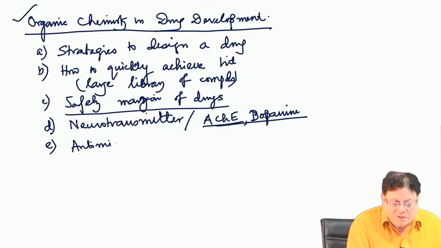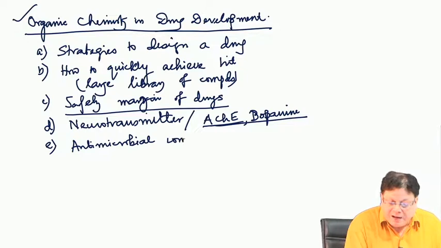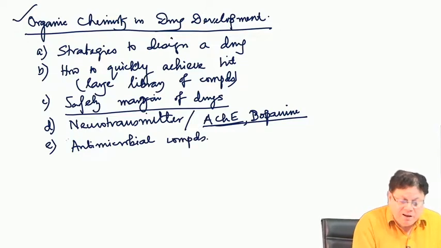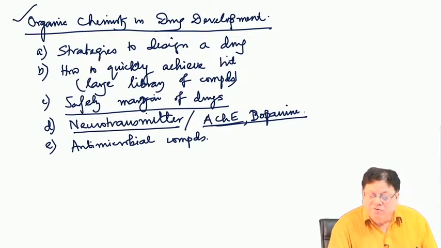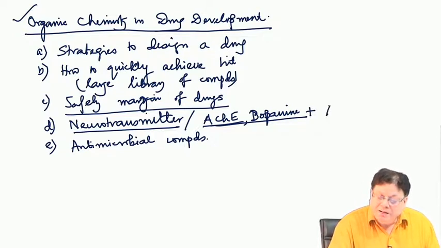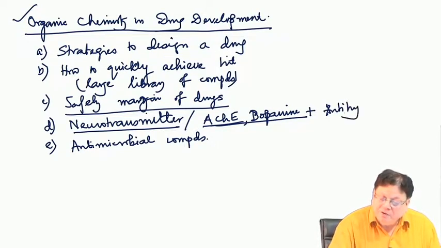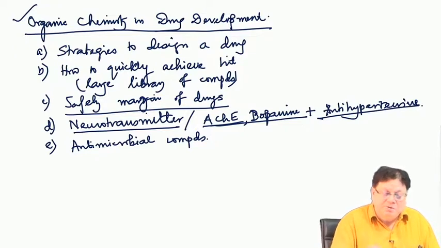Then we took the antimicrobial compounds. Maybe before that, we had neurotransmitters, followed by antihypertensive drugs. I think that is in between these two. And why did we pick antihypertensive drugs here?